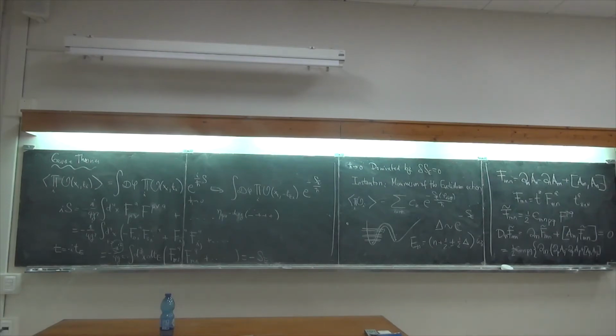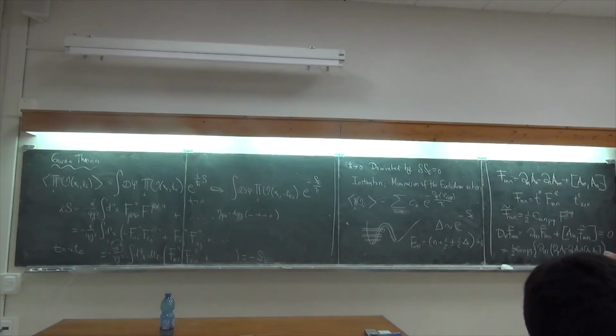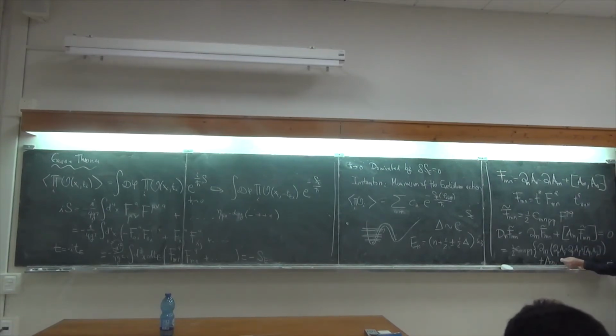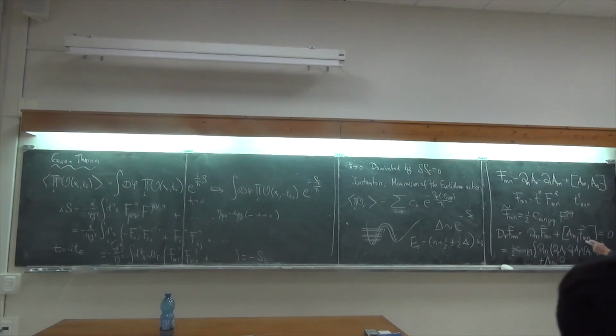Okay, this is D_m of that plus a commutator of A_m times d_p A_q.